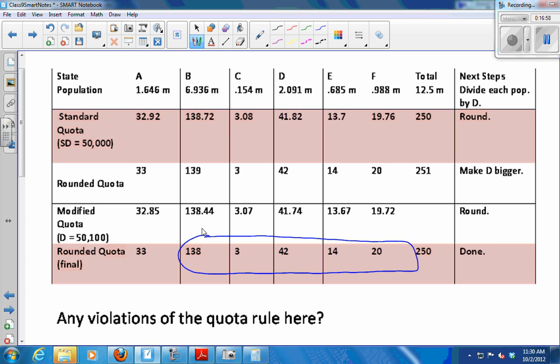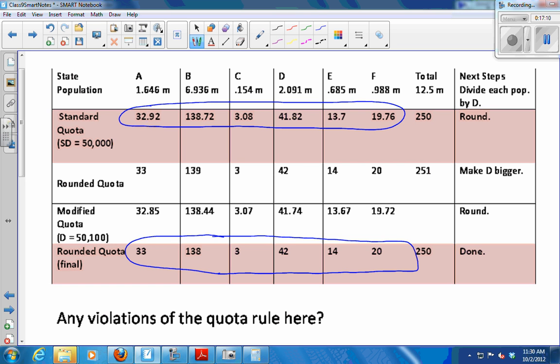Now compare those to the standard quotas. These are the exact number of seats that each state should get. Are there any quota rules violated here? No. Everyone either has their exact value rounded up or rounded down, right? So 32.92, they should get 32 or 33. They got 33. So everything seems fair here. No quota violations.